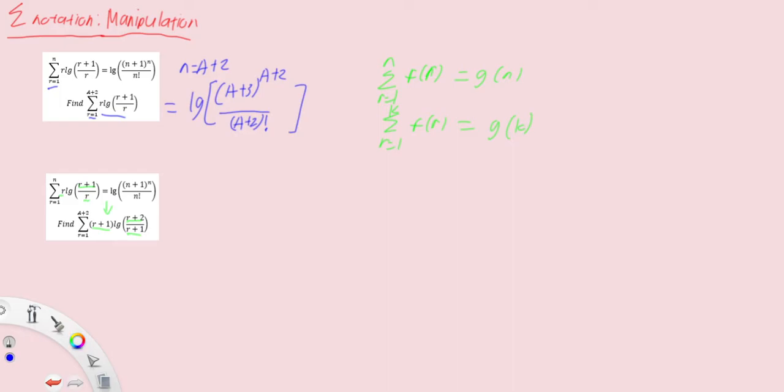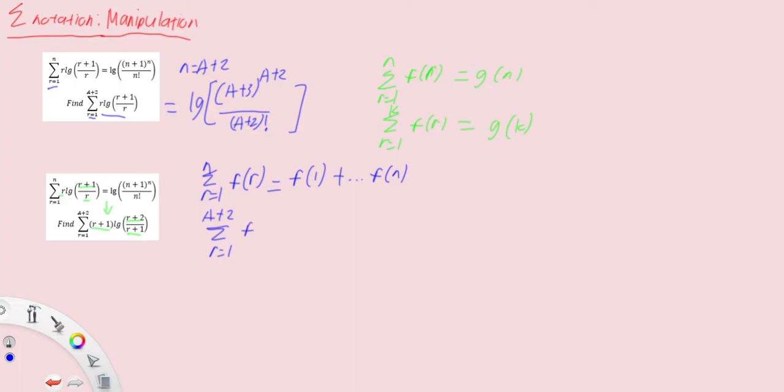Let's take a look at the first summation. You're given the sum from r equals 1 to n. Let's say we call this function f of r. Now, this means you get the summation of the first term all the way to the nth term. But now you're tasked to find the sum from r equals 1 to A plus 2.